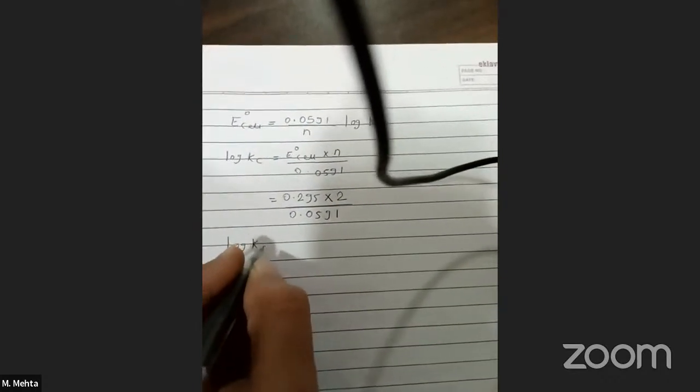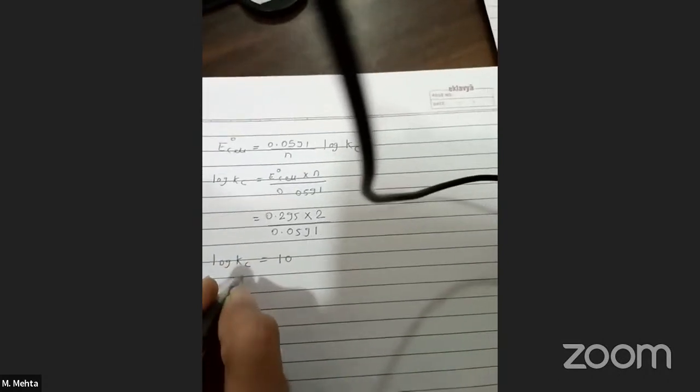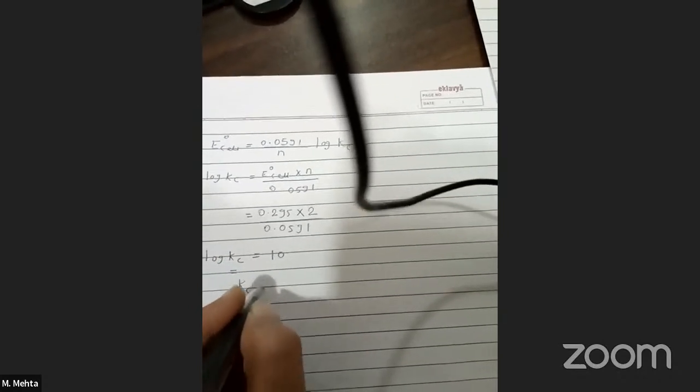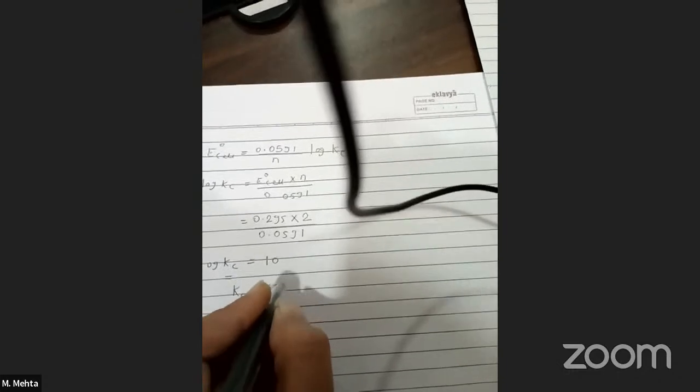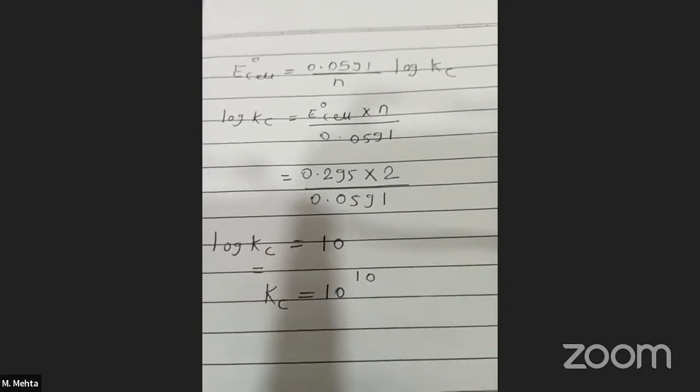So log of Kc is equal to 10. To find Kc, we take the anti-log of both sides, and the value of Kc will become 10 raised to 10. And your correct answer is option D, 1 into 10 raised to 10.